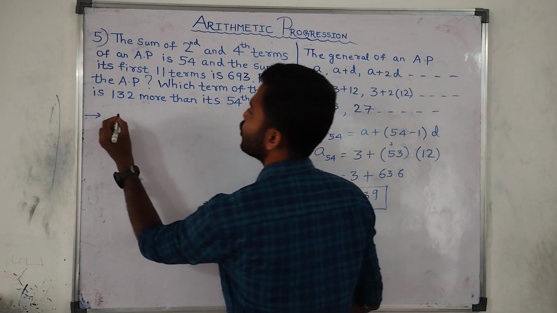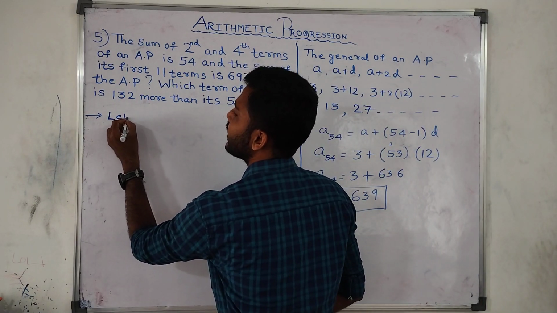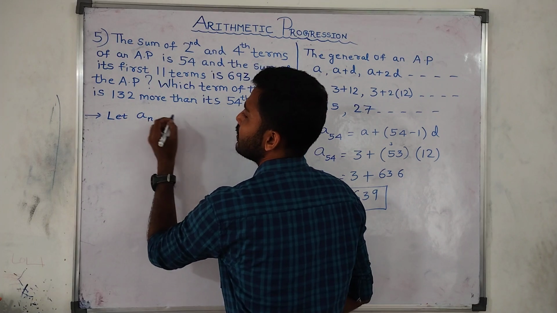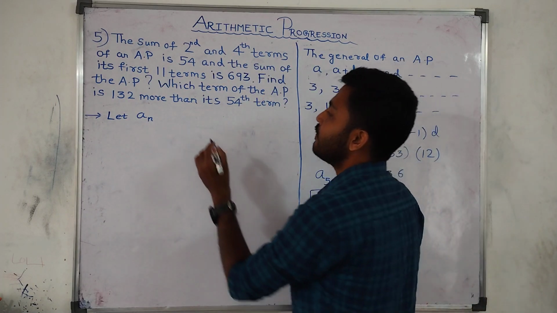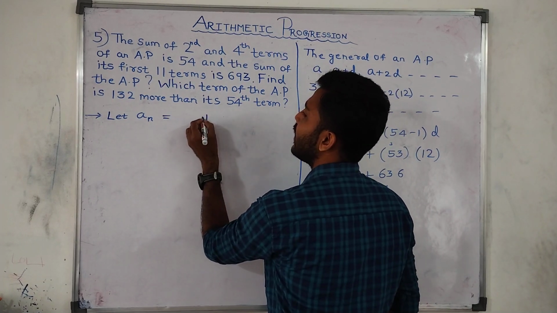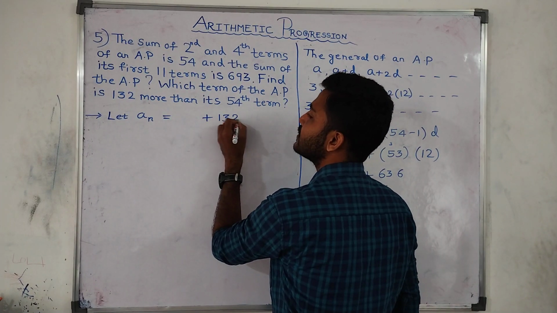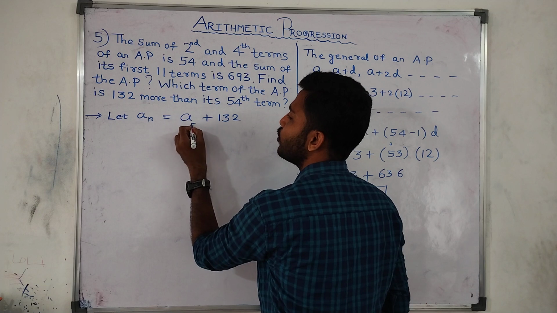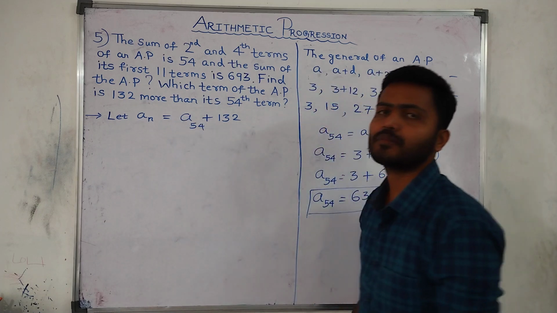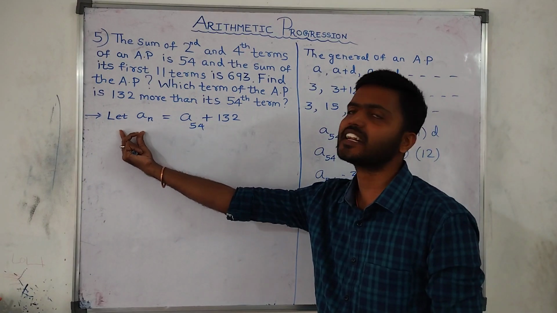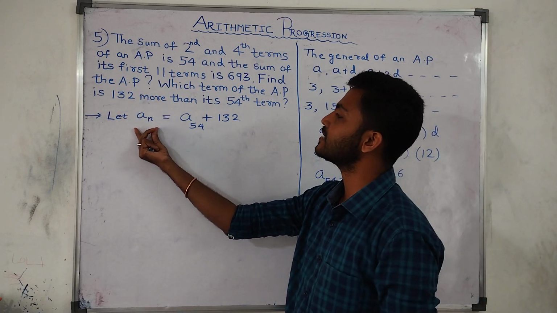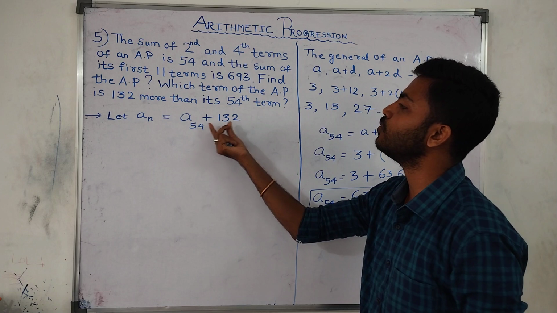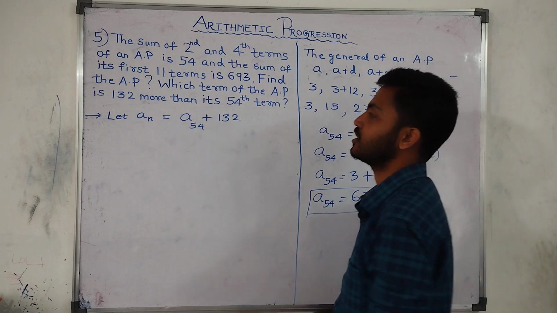Let An be the term that we are going to find, which is 132 more than the 54th term. We do not know which term it is, so I have considered it as An. So An is equals to 132 more than the 54th term.